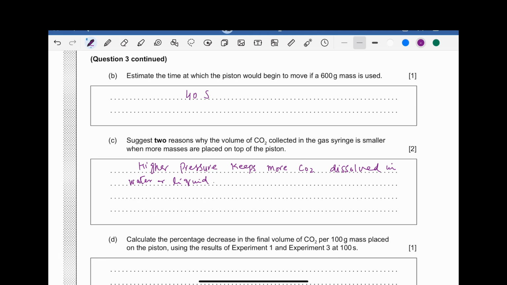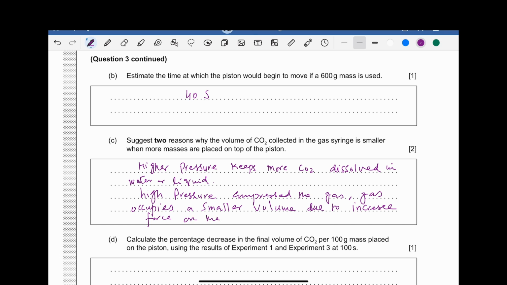That's one. So second reason, at high pressure, compress the gas, so gas occupies a smaller volume, due to increase force on the piston.